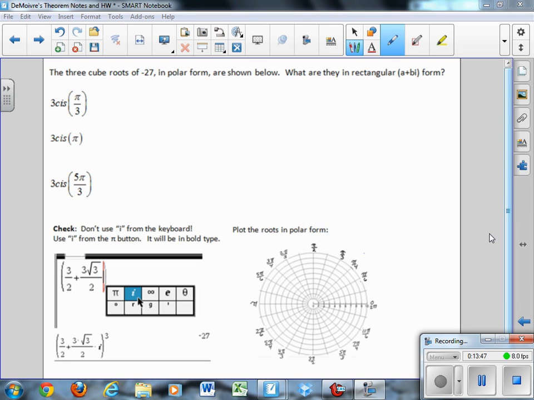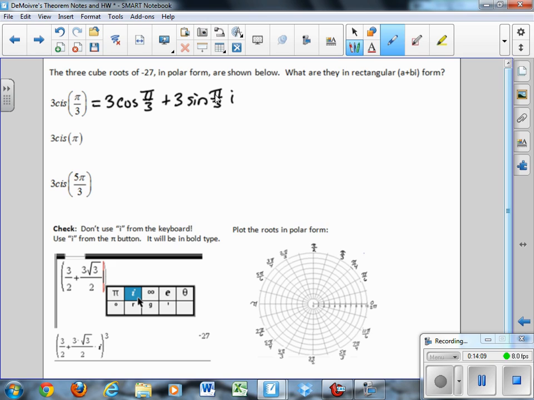So this says 3 cosine pi over 3 plus 3 sine pi over 3 i. The 3 cosine pi over 3 tells you the real part of the number, the a, and the 3 sine of pi over 3 tells you the imaginary part, or the b, in your a plus bi form.